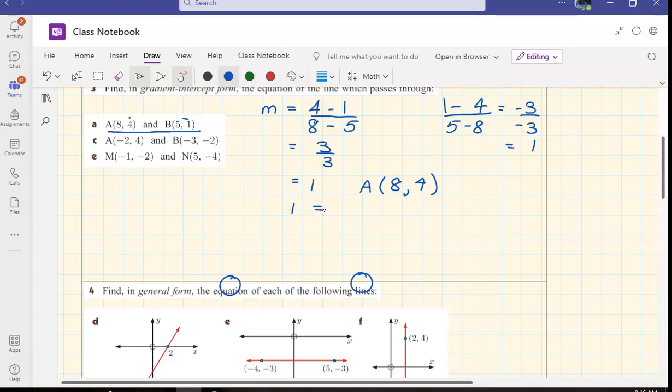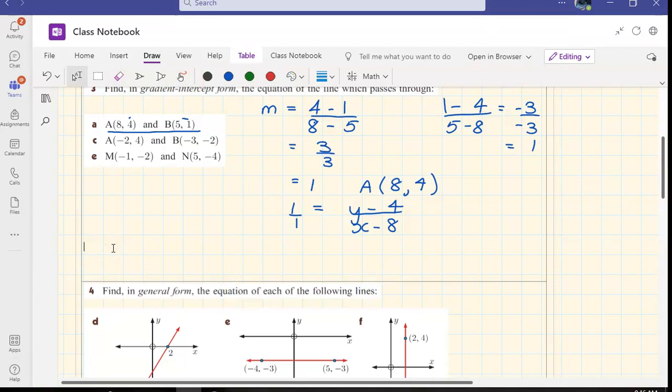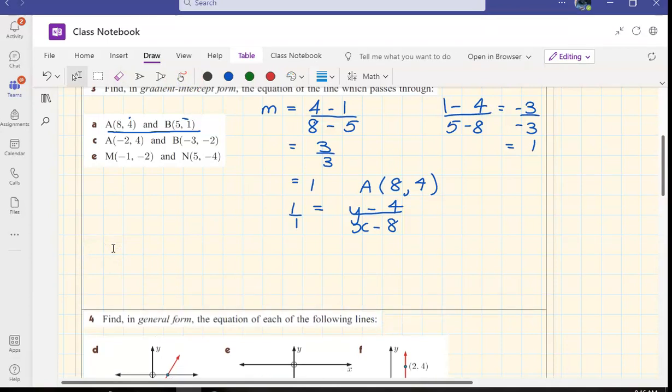The slope is 1. I mean, you can say 1 over 1 if you really want to, but you know it's the same thing. And then we use our slope formula: Y take your Y value over X take your X value. It's almost like it makes sense. And hopefully you know how to finish that off.